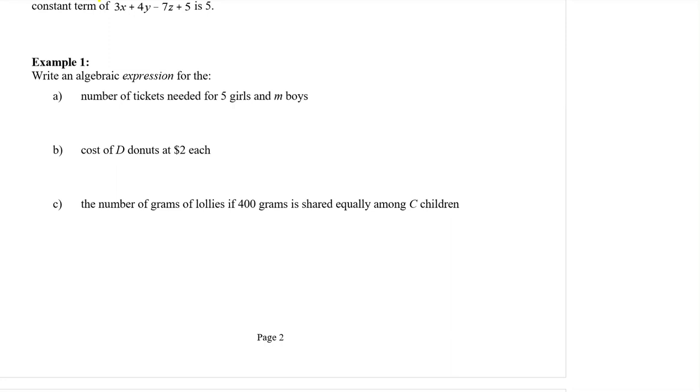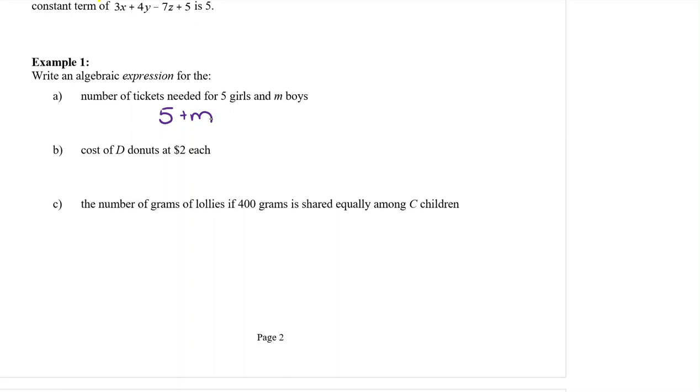How many tickets do I need for m boys? m. Whatever m is, that's the number of tickets that I need, right? So how can I put together, if I want the number of tickets for the boys and the girls, what would I need to do? 5 plus m. Now, when it's addition, it doesn't matter the order. So if you write m plus 5, it's the same thing.